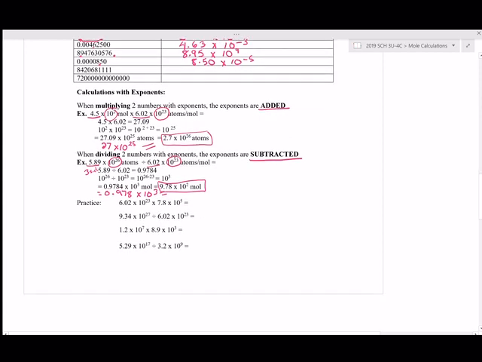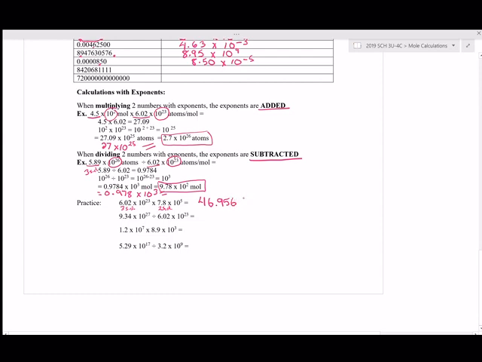So there's 3 practice questions for you to do here. We could just do the first one together. Okay, so we've got something with 3 significant digits and something with 2 significant digits. Because we're multiplying, we're not worrying about decimal places. We're definitely doing sig digs. So on the calculator, 6.02 times 7.8, and you are going to get 46.956.